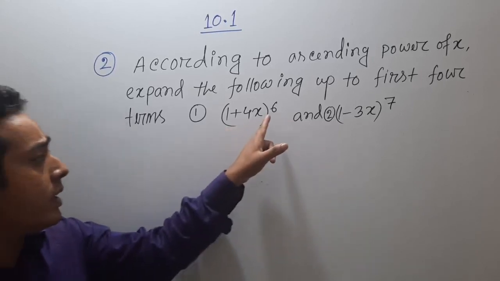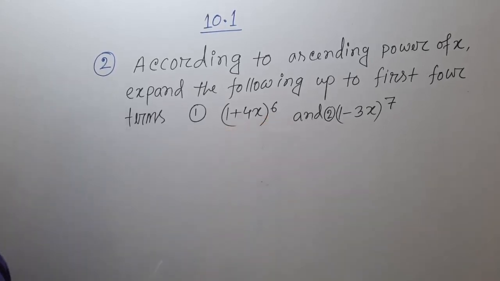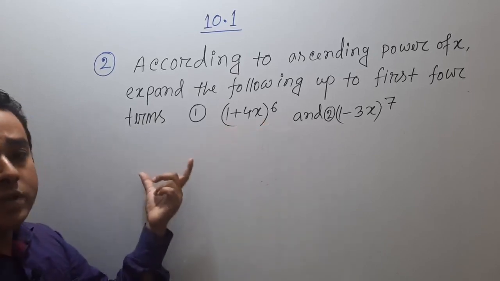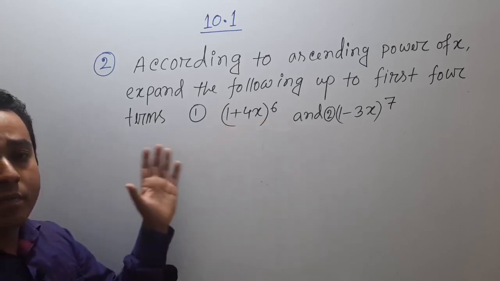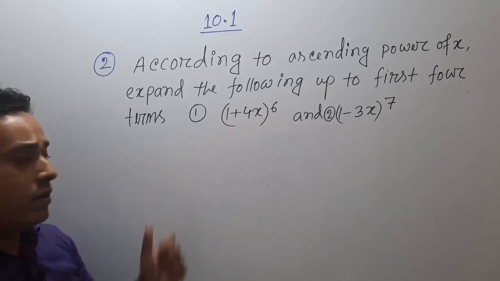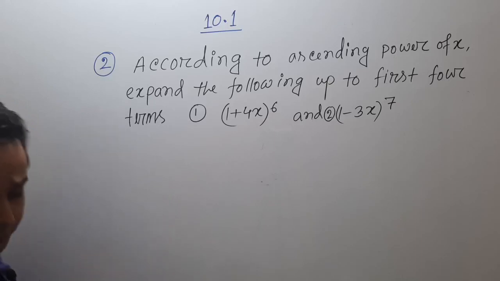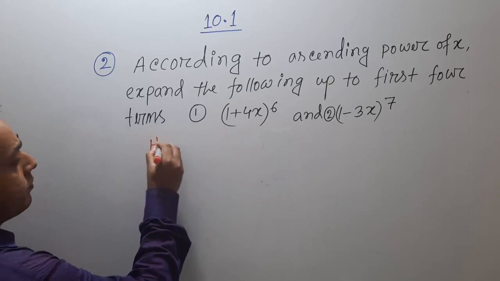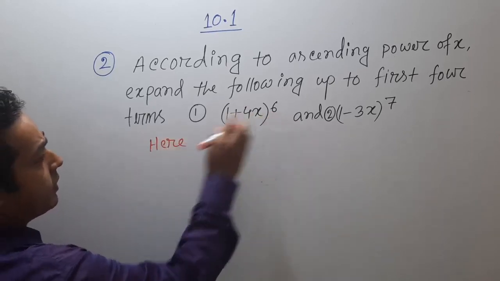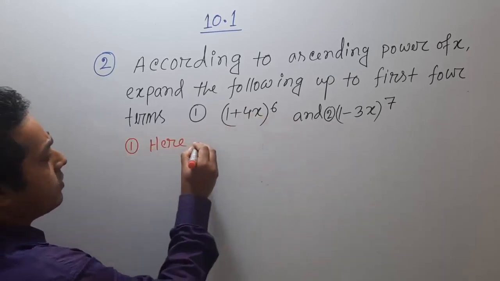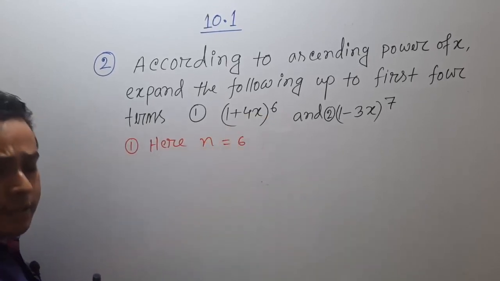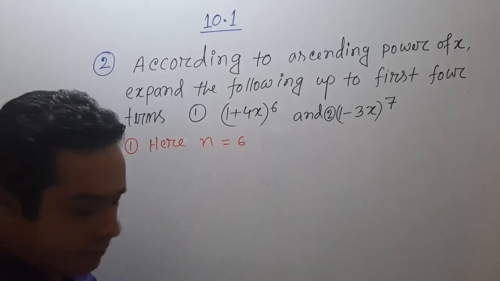Okay, here n is equal to 6. For n is equal to 6, what will be the coefficients? At first we want to find them by Pascal's triangle. For this term n is equal to 6, so for the coefficients we have to build the triangle from n is equal to 0 to 6.